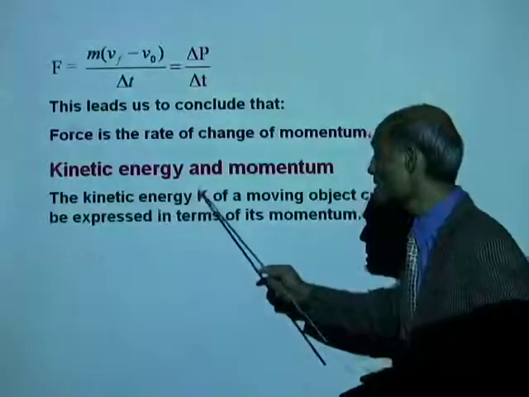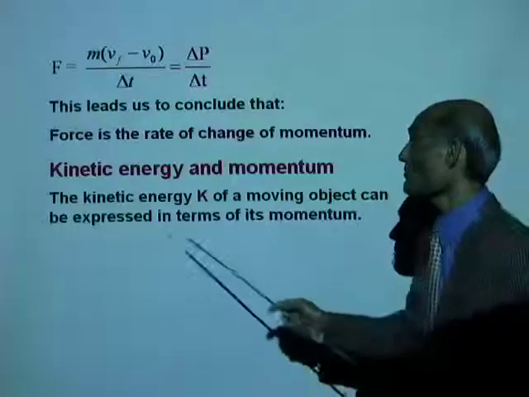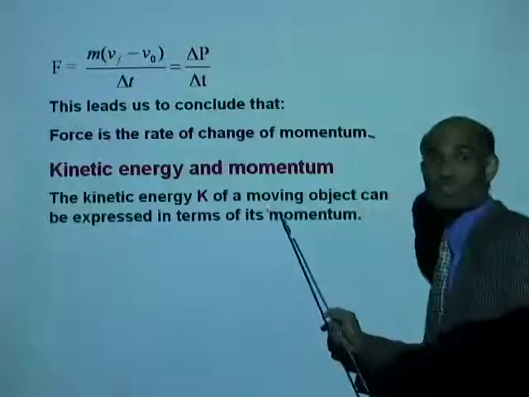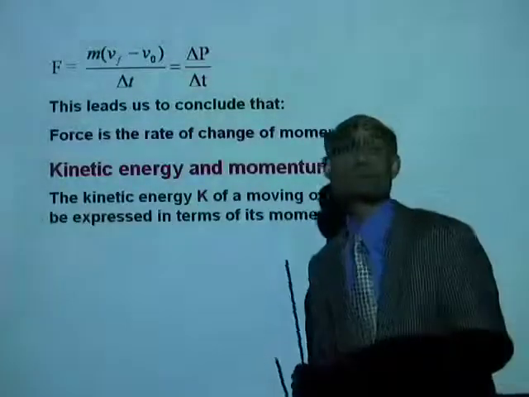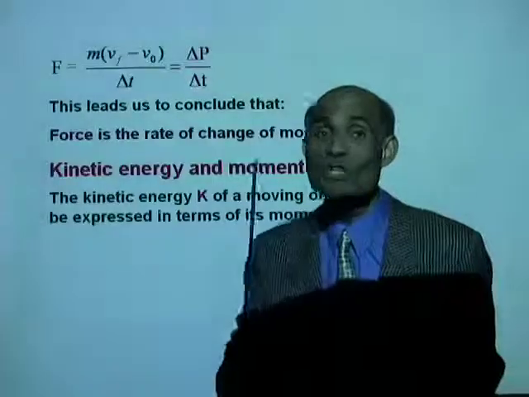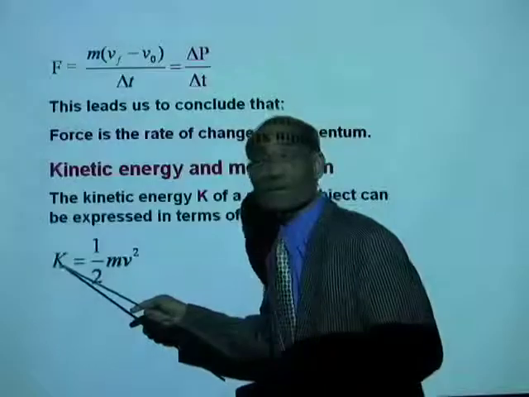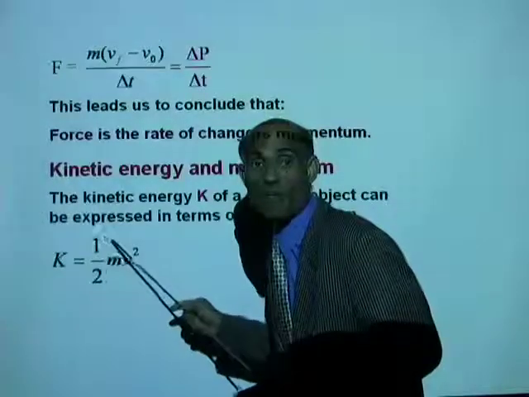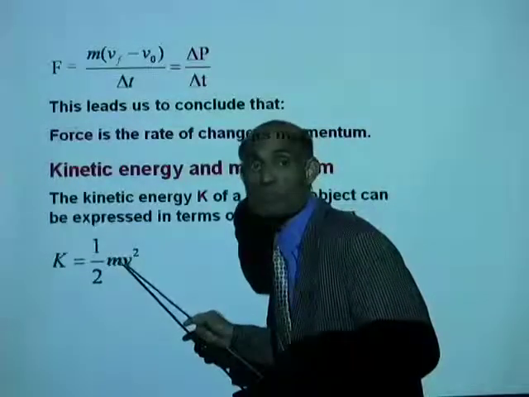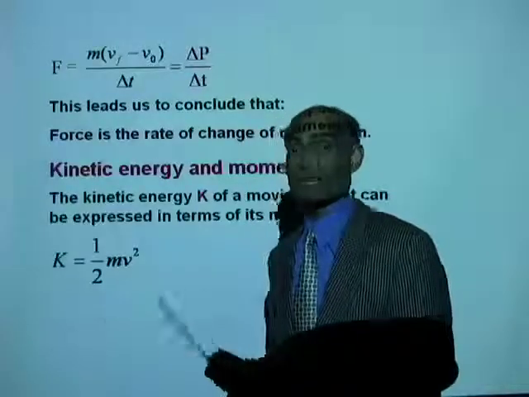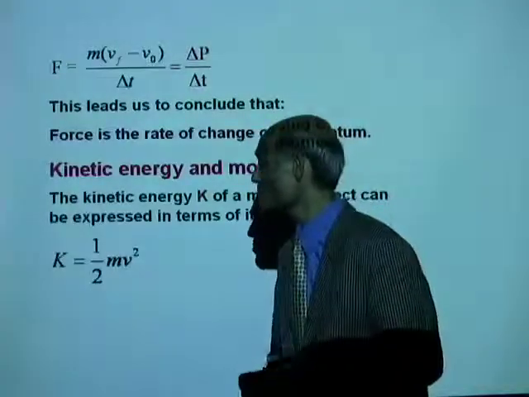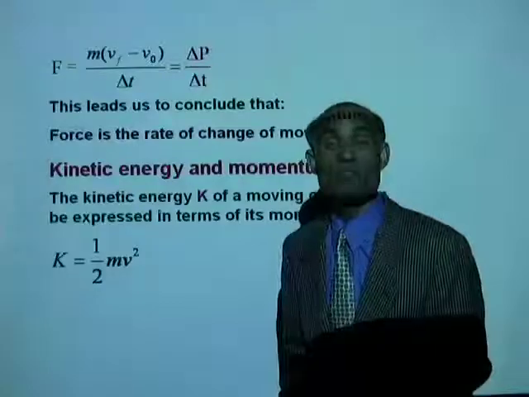The kinetic energy K of a moving object can be expressed in terms of its momentum, and sometimes it will be very useful to do that in solving problems. Alright, kinetic energy of an object of mass m moving with a velocity v is K equals 1/2 mv squared.